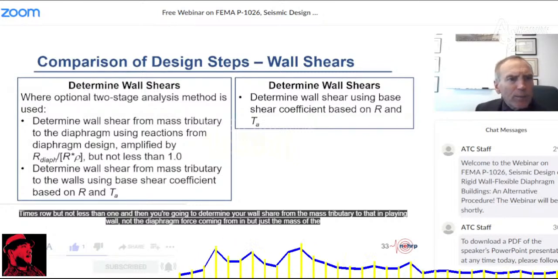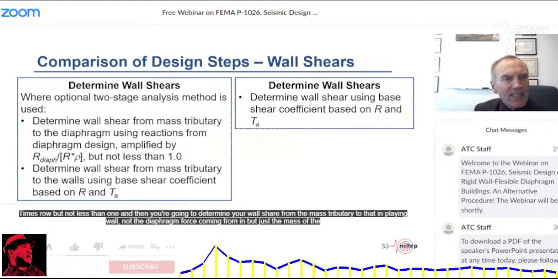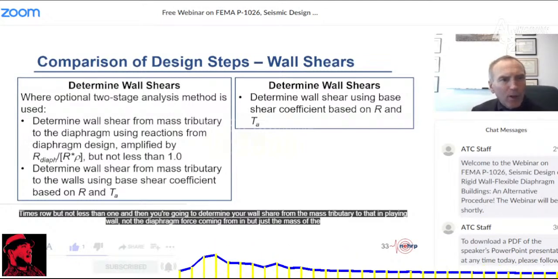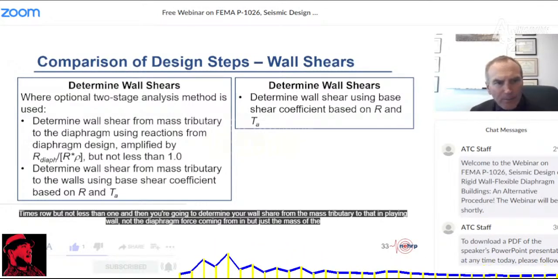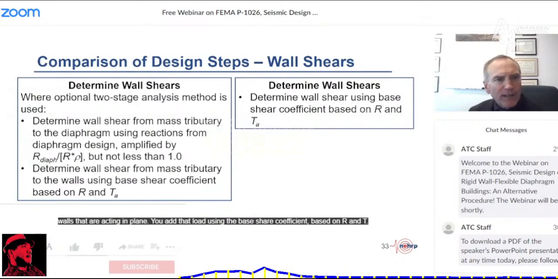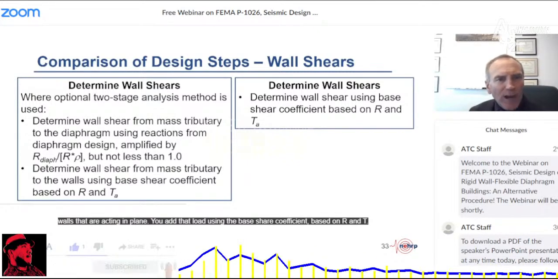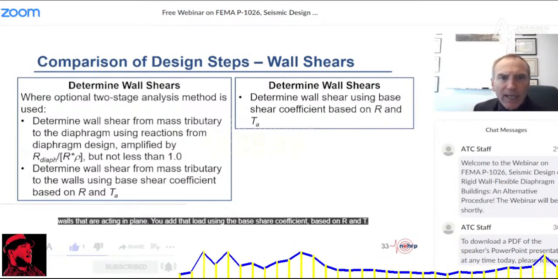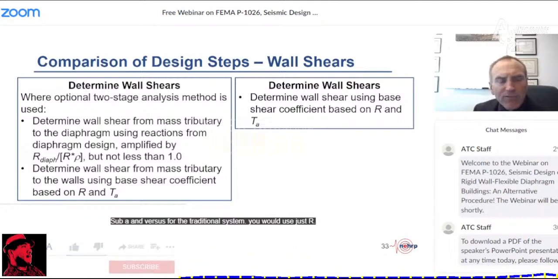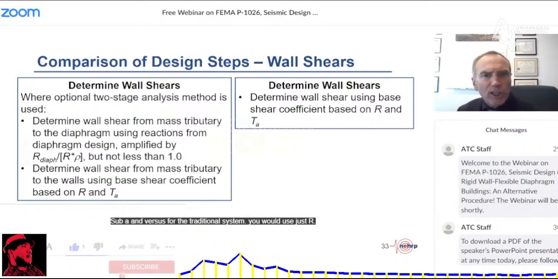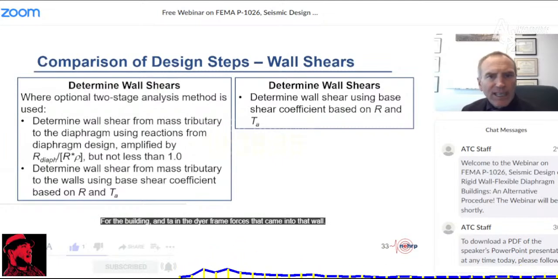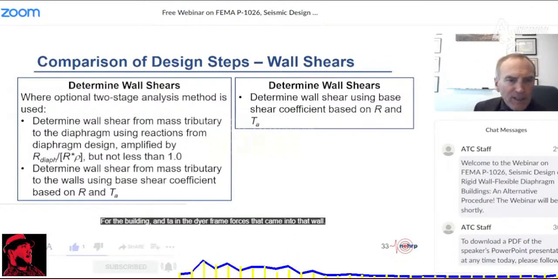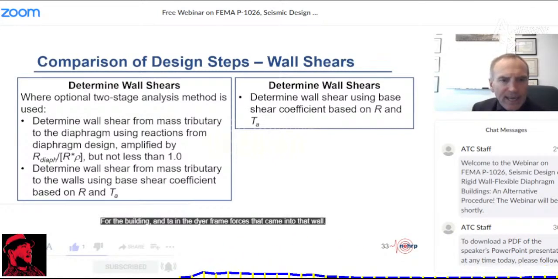And then you're going to determine your wall shear from the mass tributary to that in-plane wall, not the diaphragm force coming from, but just the mass of the walls that are acting in plane. You add that load using the base shear coefficient based on R and T sub A. Versus for the traditional system, you would use just R for the building and TA and the diaphragm forces that came into that wall.